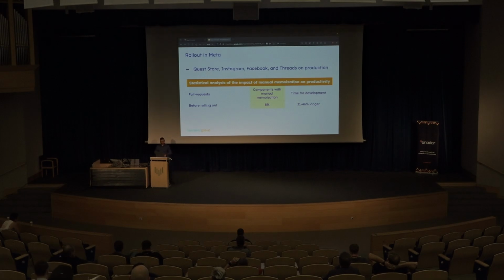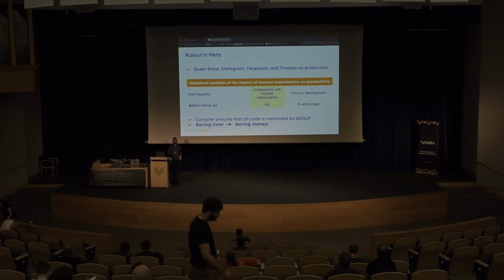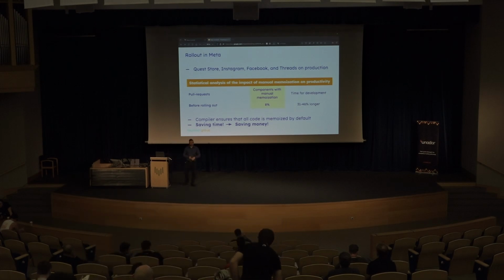Before the rollout, they had about 8% of manually memoized components in the code base, and those pull requests took about 31 to 46% longer than without. And the compiler ensures that all code is memoized by default, so these numbers will be much higher than this table.